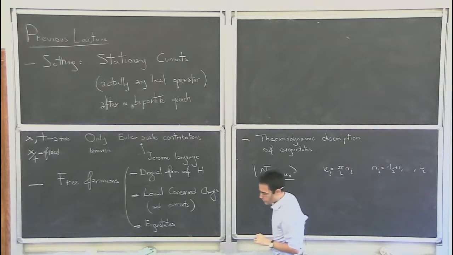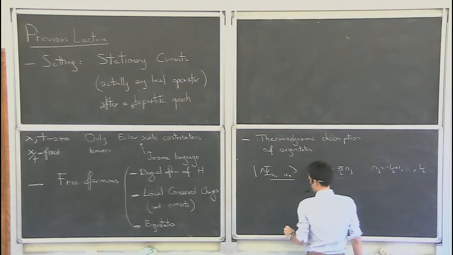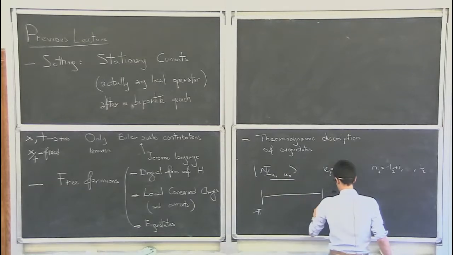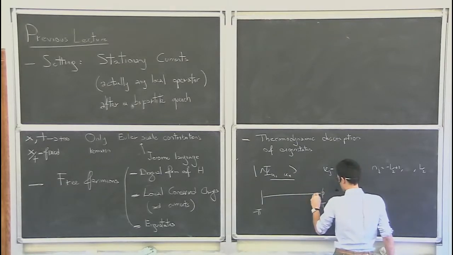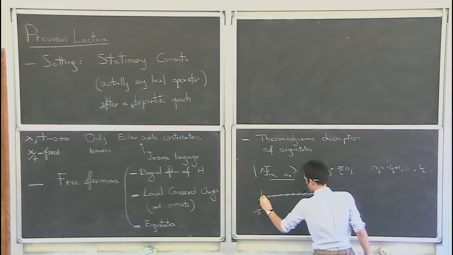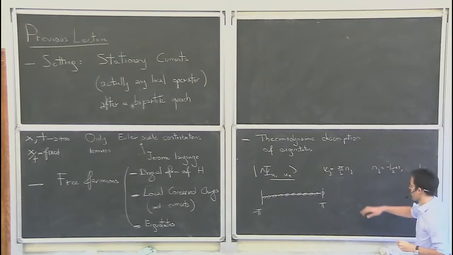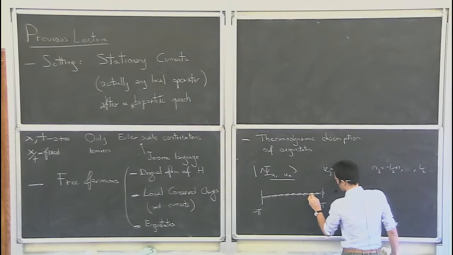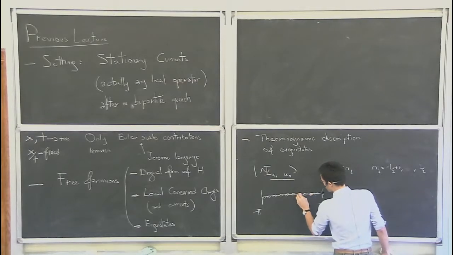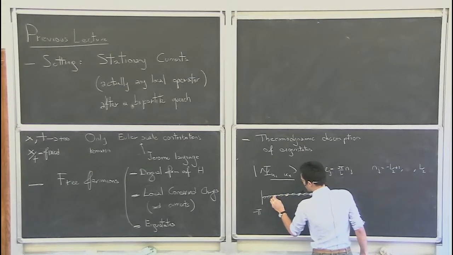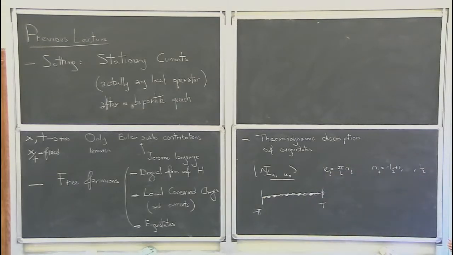And so we can picture a state like that basically as a line from minus π to π with some empty spots, which are all the possible values of the momenta. And then we fill only the spots corresponding to the momenta that are actually occupied in the state. All right.